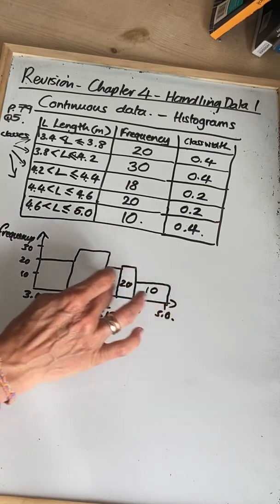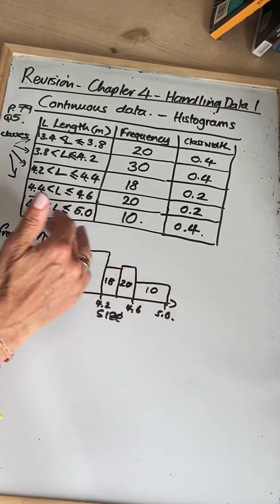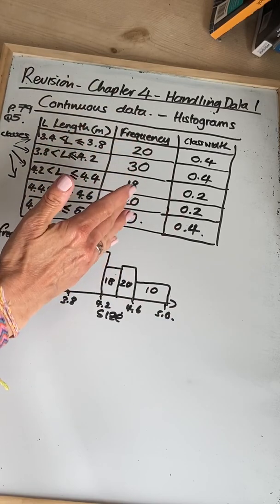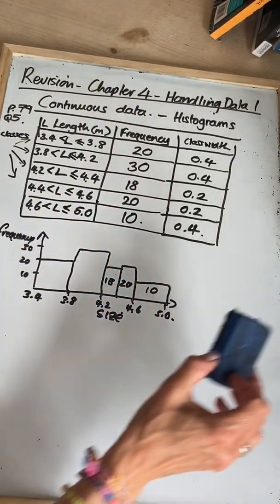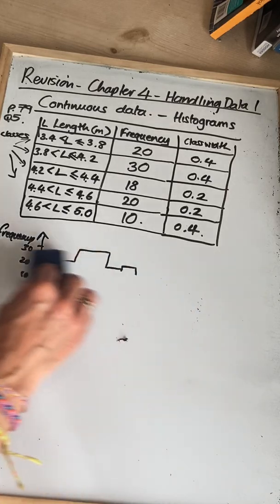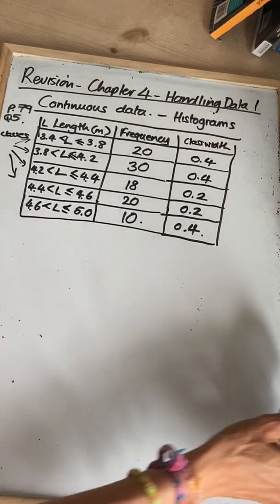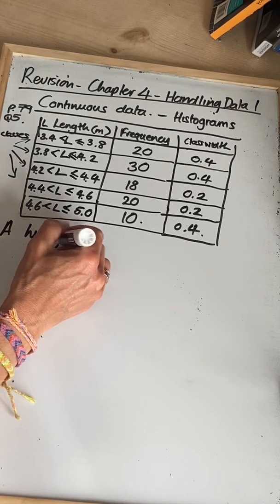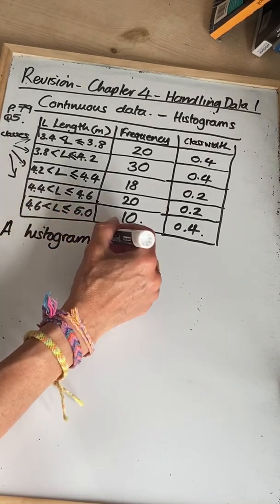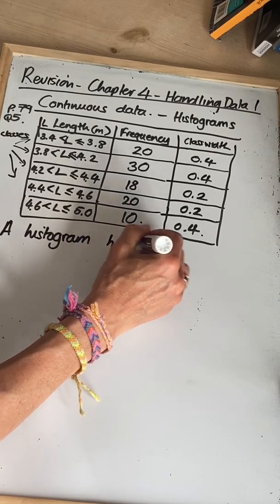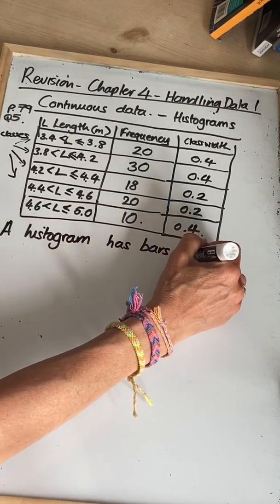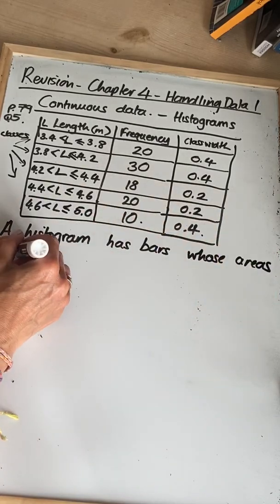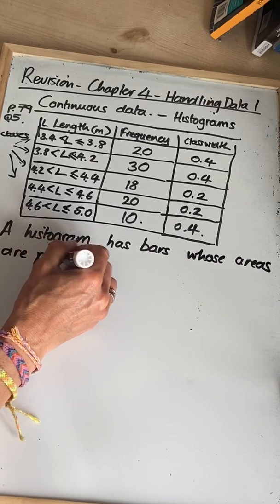That's because the areas of these bars aren't representational of the frequencies. So what we're going to do is correct that, yeah? We are going to draw a histogram, where the areas of the bars are actually proportional to the frequency.